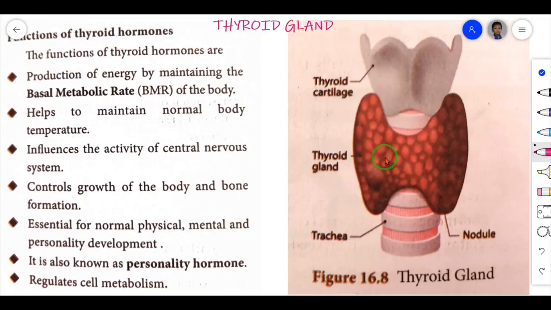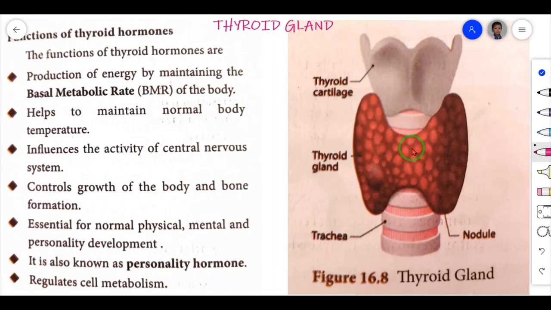The follicles are filled with colloid material called thyroglobulin. Now, the amino acids tyrosine and iodine.